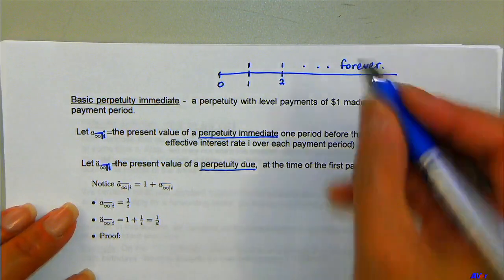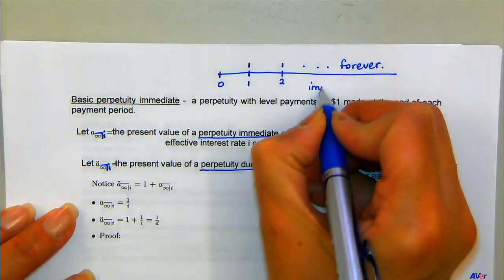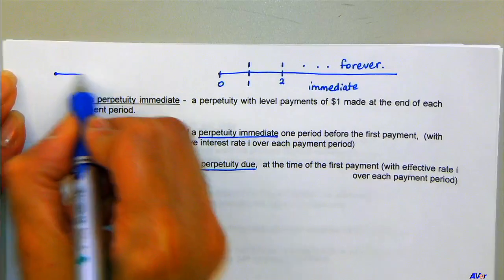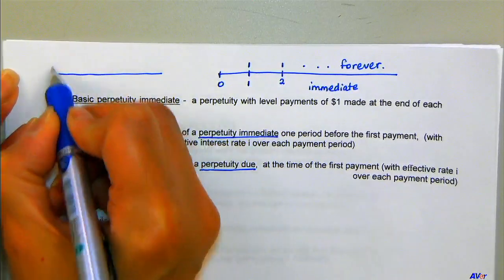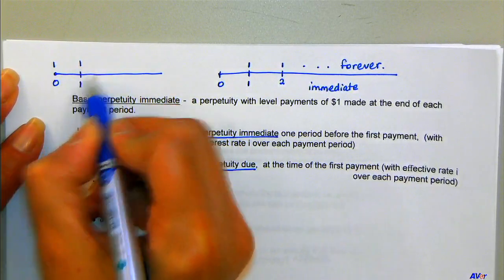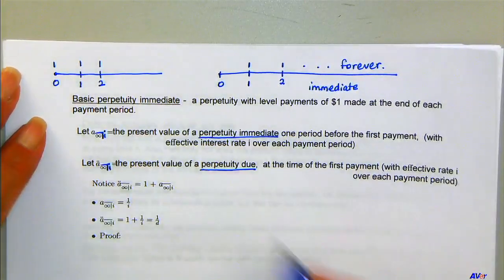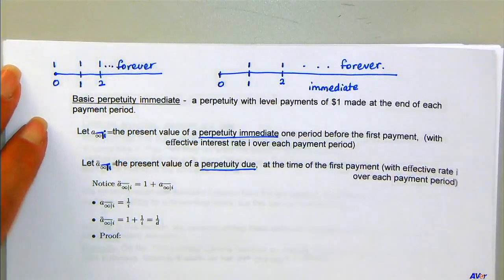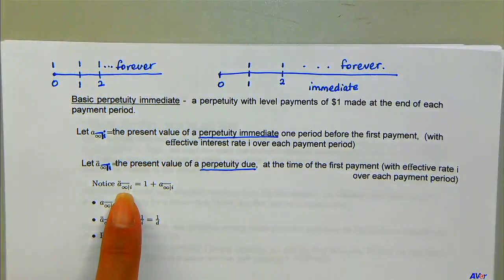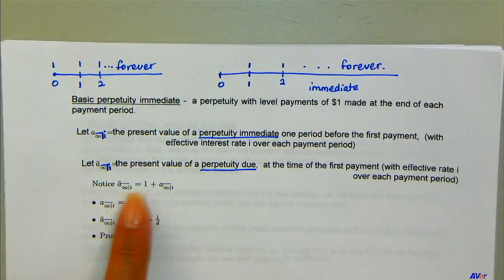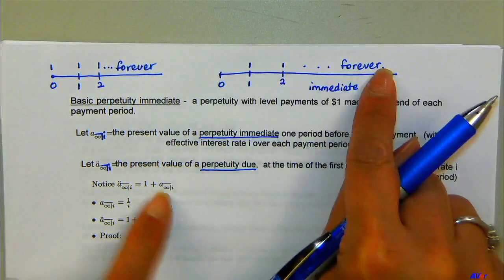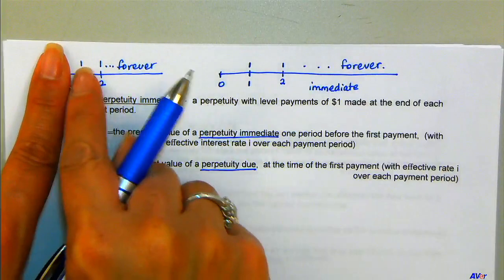Here's the due. This is immediate. And this is due, forever, dot, dot, dot. So this one is saying that ä angle infinity is 1 plus a angle infinity. It's just one more payment. You see, these payments are these payments right here.